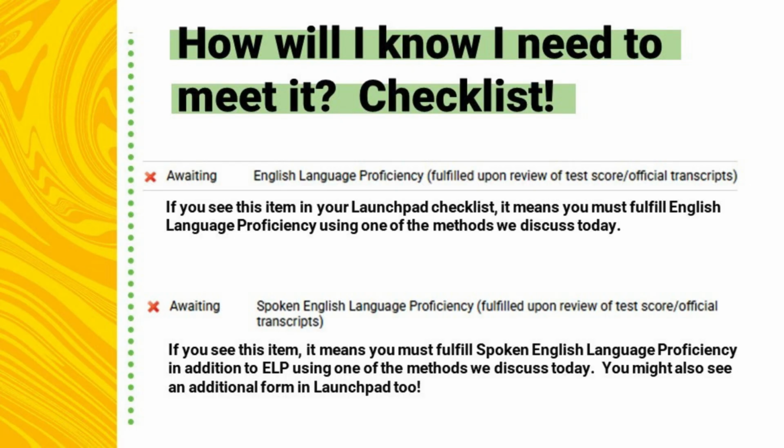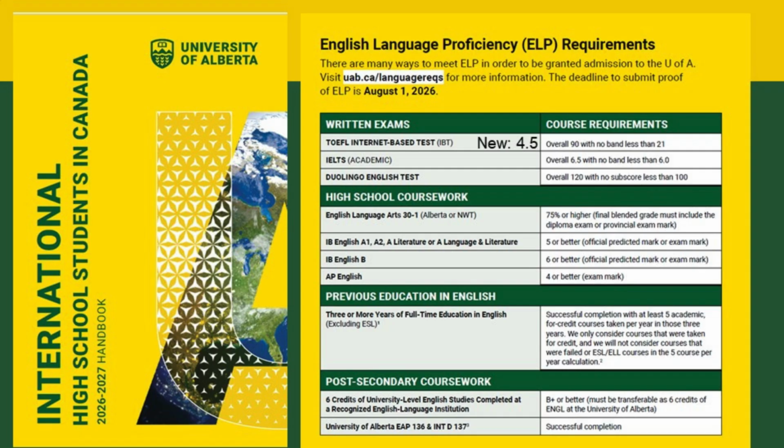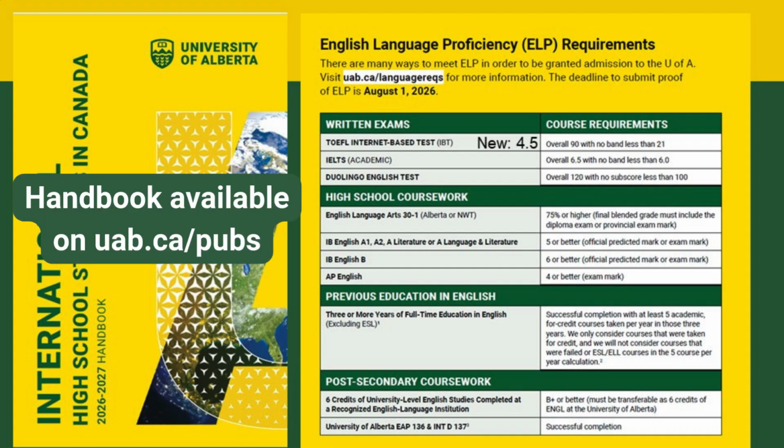As I mentioned before the session started, we have a lovely little handbook that I made that has the most common ways of meeting ELP on the back cover. I always tell students this is a really nice launching pad: look through this list, see if you have any of those, and if you don't, write a language test, essentially.